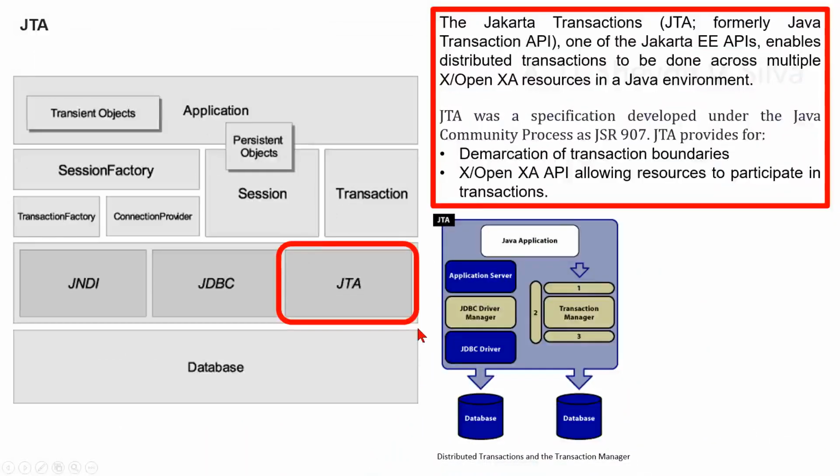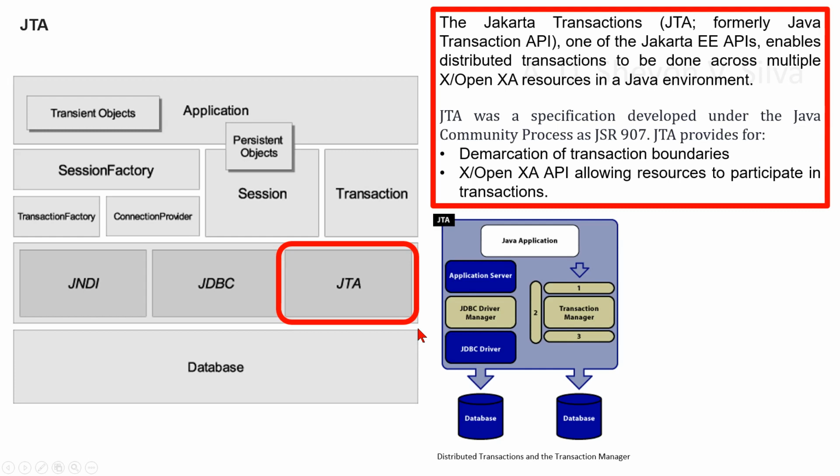JTA, formerly Java Transaction API, one of the Jakarta EE APIs, enables distributed transactions to be done across multiple open XA resources in a Java environment.